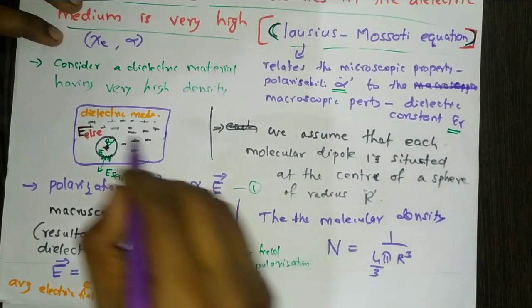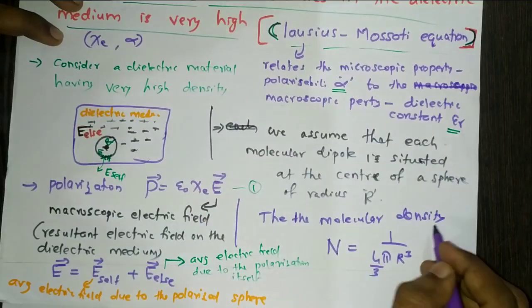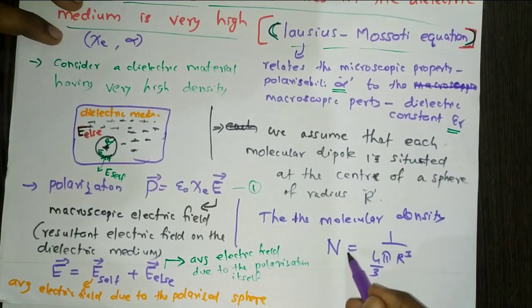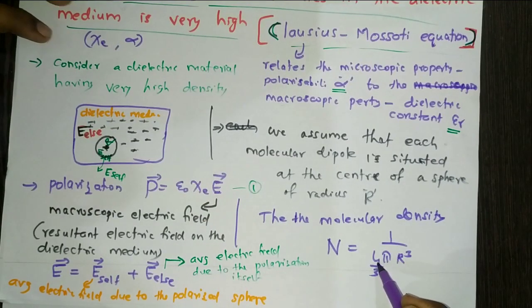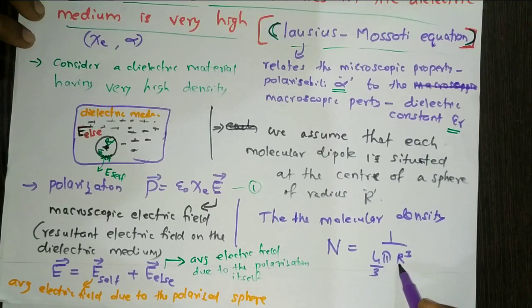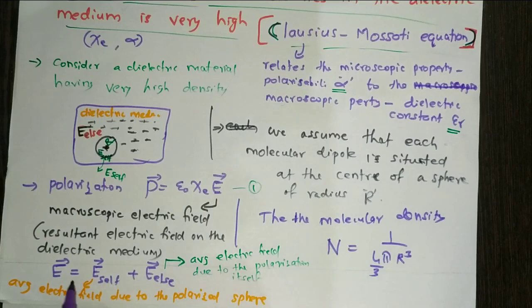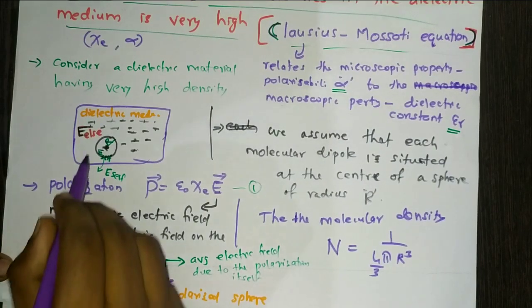One atom can occupy the volume 4 by 3 pi r cube. And this E is the resultant electric field on such a sphere.